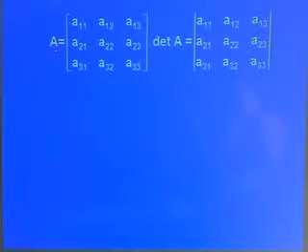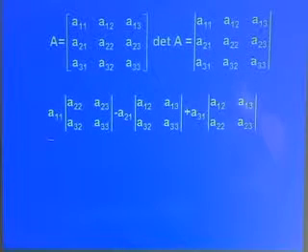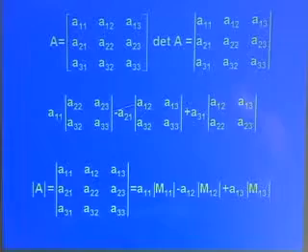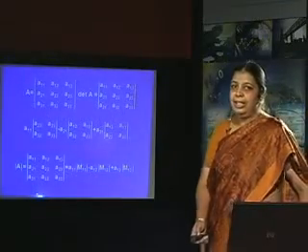So for a given matrix A, the determinant of A is computed as A11 multiplied by the determinant of A22, A23, A32, A33, minus A21 multiplied by a second order determinant, and then plus A31 multiplied by this. Actually this formula has already been obtained in my earlier slides.